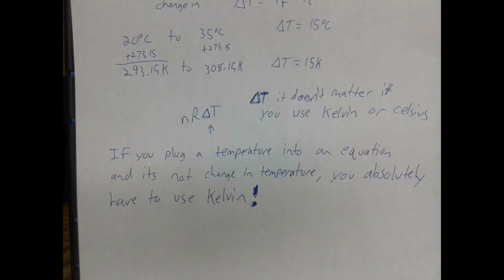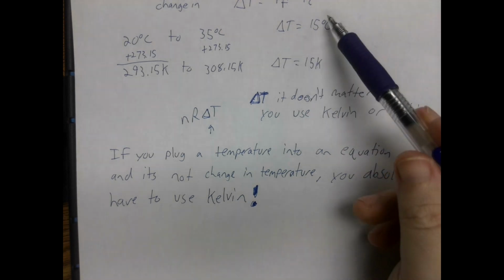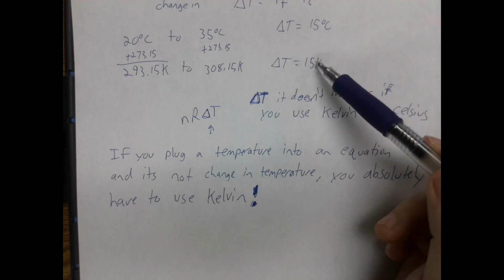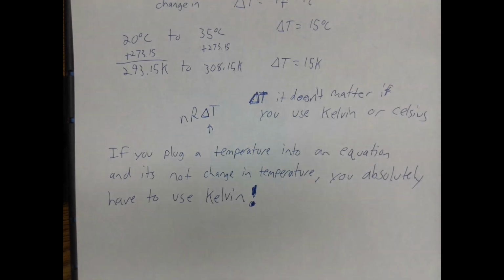Equations do not work unless it's in Kelvin. The only exception to this is that change in temperature is the same whether or not you're in Kelvin or Celsius. But if you have to directly plug in a single temperature, not a change in temperature, it has to be in Kelvin. If you just want to be safe and always convert to Kelvin, do that.